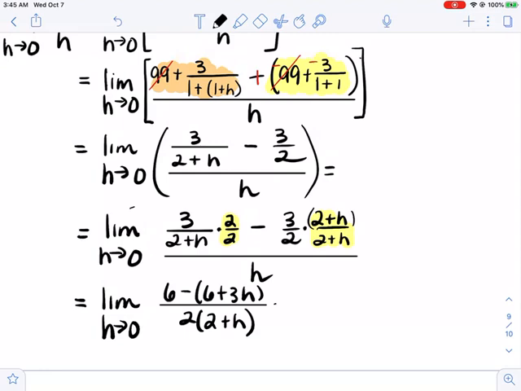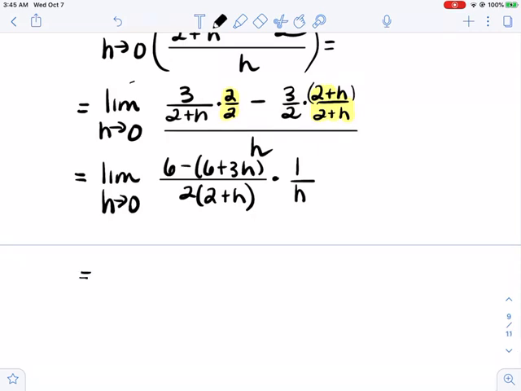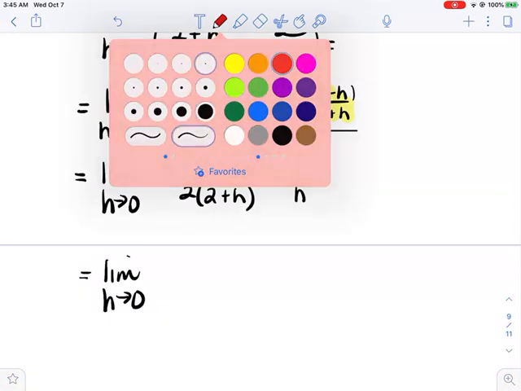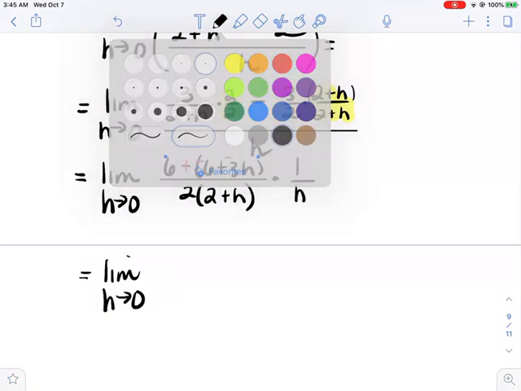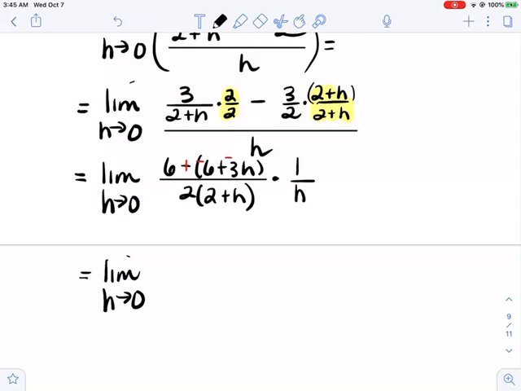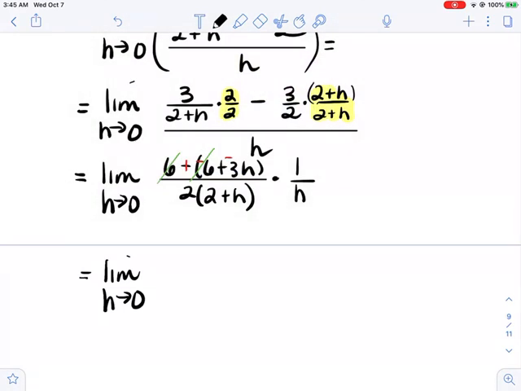Now you're dividing by h, which is the same thing as multiplying by 1 over h. So simplifying that a little bit further, it's then equal to the limit as h approaches 0. In the numerator we have 6 minus 6. Let's cancel those with green. So in the numerator we only have that negative 3h.